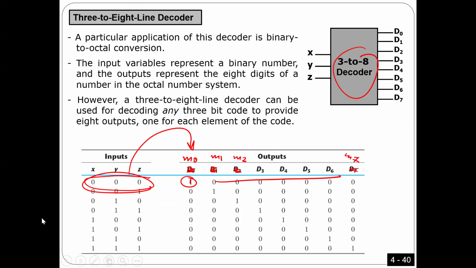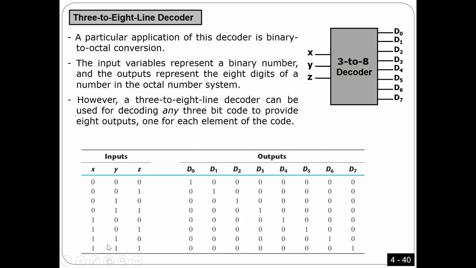For example, this decoder here, guys, listen to me because it's very important. You can see these outputs like M0, minterm 0. When the input here is 0, 0, 0, this one becomes 1. This is minterm 0. This one is minterm 1. This is minterm 2, minterm 3, minterm 4, minterm 5, minterm 6, minterm 7.